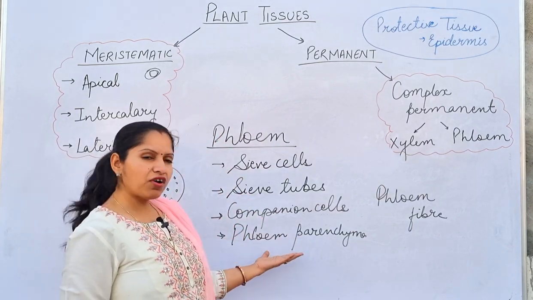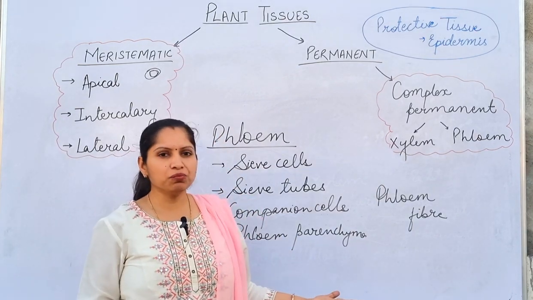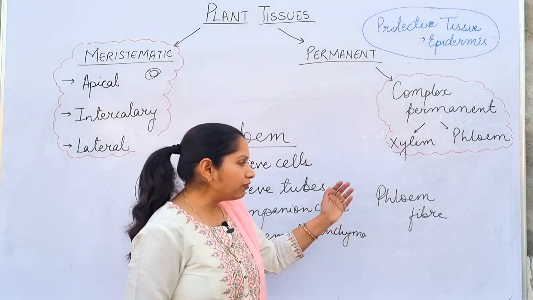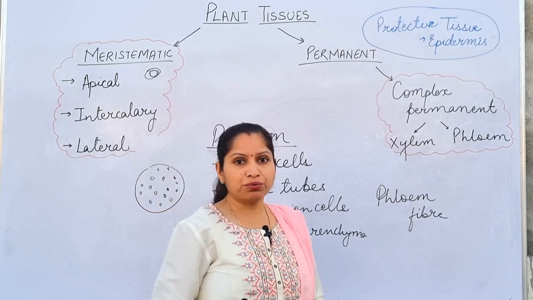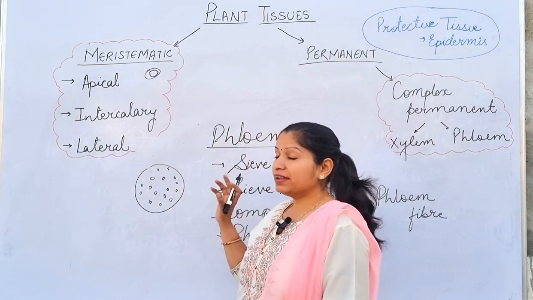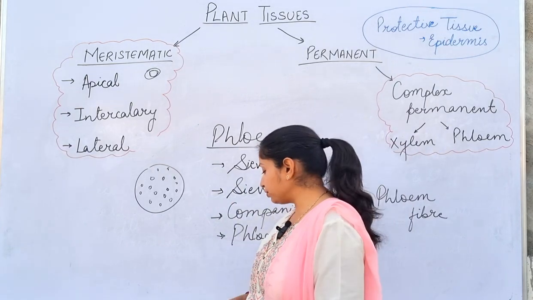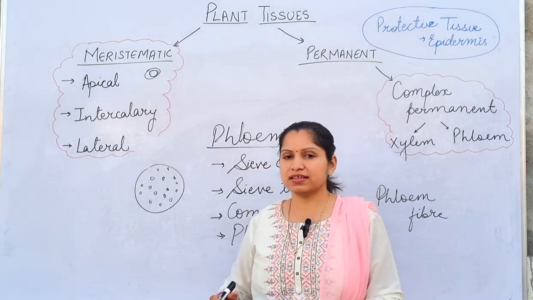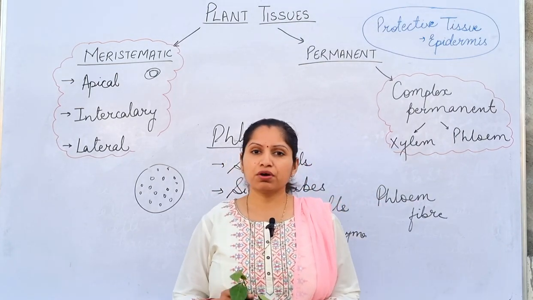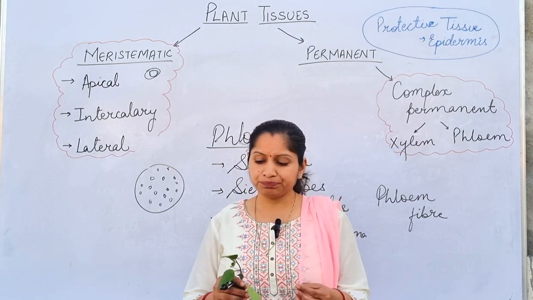Then phloem parenchyma, like every other parenchyma, is going to store the food, and phloem fiber is going to provide the mechanical support. Okay, these xylem and phloem together form the vascular bundle of the plant. So when you talk about vascular bundle, that is made up of xylem and phloem.